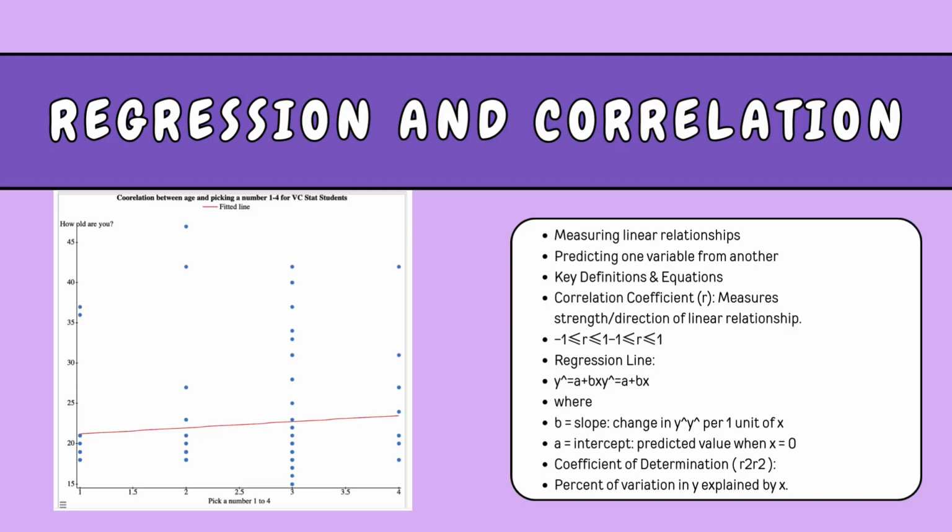Regressions also allow us to make predictions based on patterns in data, while correlation quantifies the strength and the direction of the linear relationship. Again, that would be really important in business, predicting sales from advertising budgets and things like that.